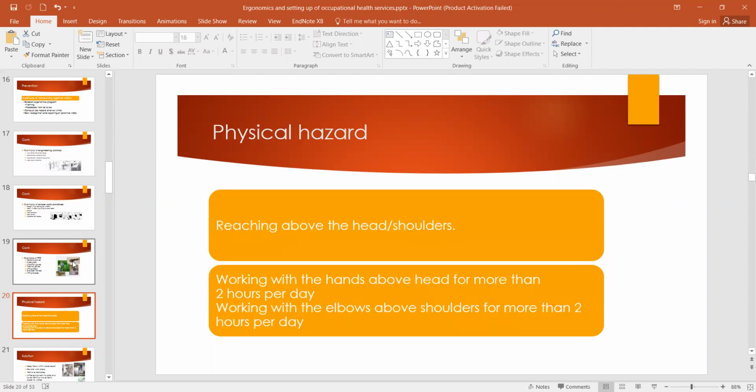There are different hazards which are faced by workers in any occupation, and ergonomically designed solutions of these hazards are very much necessary. Reaching above the head and shoulders: if your arms are reaching above the head and shoulders during work, working with the hands above head for more than 2 hours per day, working with the elbows above shoulder for more than 2 hours per day, then there is a physical hazard faced by the workers.